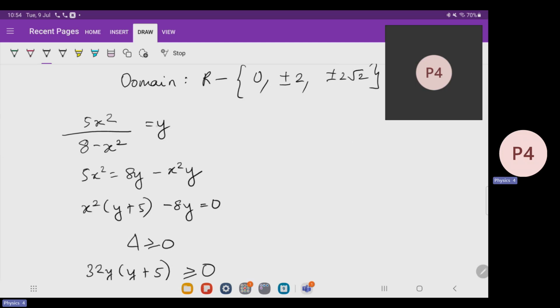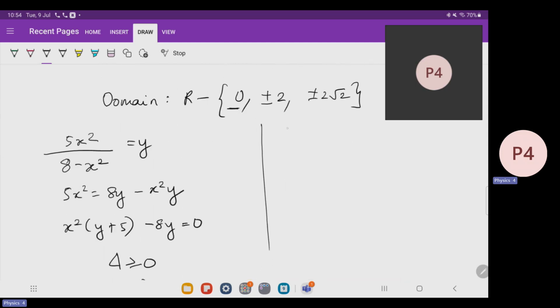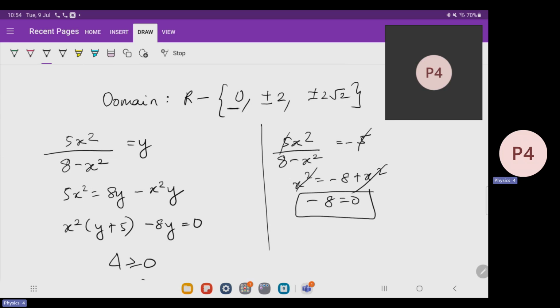y becomes 0 when x is 0, but x cannot be 0 because 0 is not part of the domain. Can y be minus 5? So you take 5x square upon 8 minus x square is equal to minus 5. You will get x square is equal to minus 8 plus x square. Minus 8 is 0, so this is never true for any value of x.